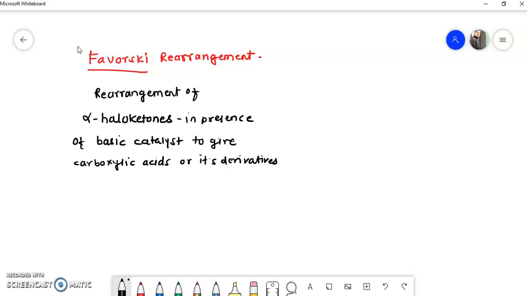What are the derivatives of carboxylic acids? Like esters and amides. So this rearrangement is known as Favorsky rearrangement.